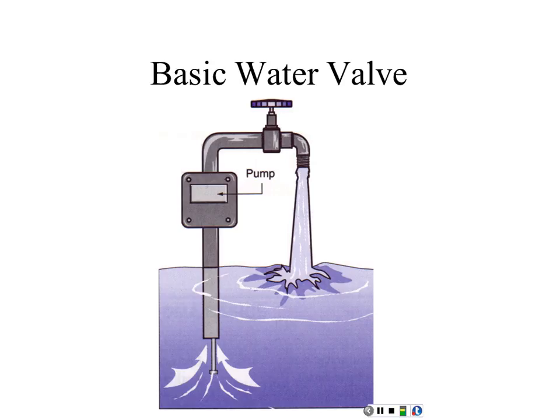And then we've got a water valve, and what does a water valve do for us? Well, yes, but technically it's what we use to control the flow of the water, right?